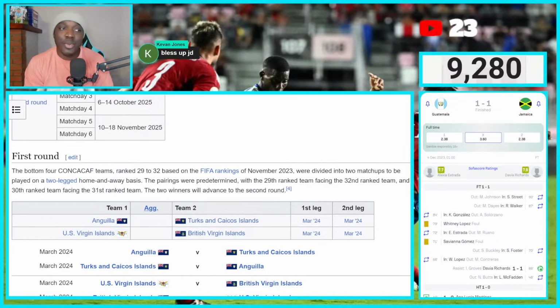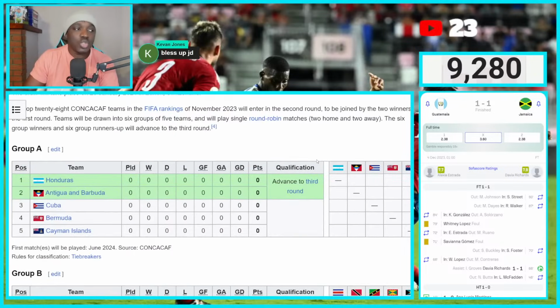The pairing predetermined the 29th ranked team facing the 31st. So that was what they're breaking down to let you know how they came to a certain conclusion as to who should be making it.